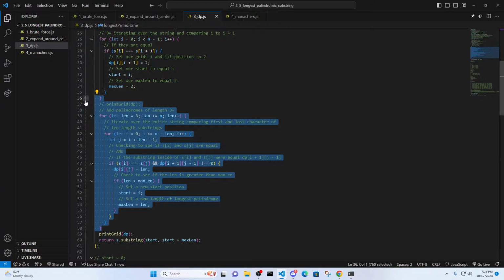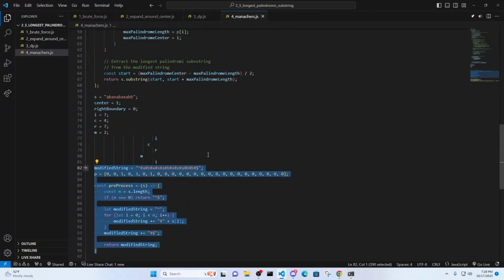I like Manacher's algorithm so far, just the fact that it's the most efficient of all the solutions for this one. I'm excited to jump into it on Thursday. Yeah, the more efficient, but the more complex at the same time. Exactly. But it's cool because, at least the way I was going over it, I think it's actually simpler than the dynamic programming solution, to be honest with you.